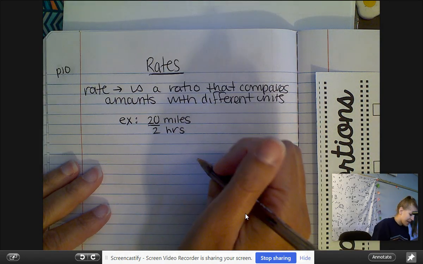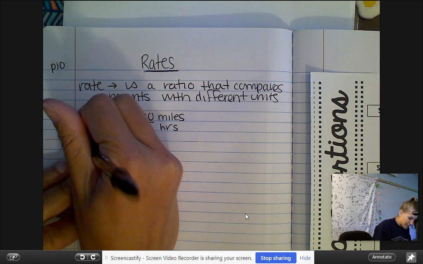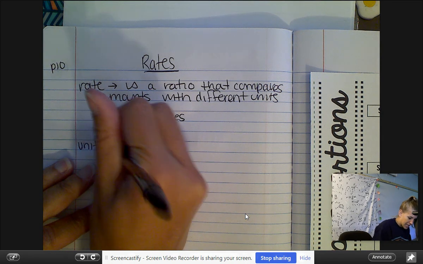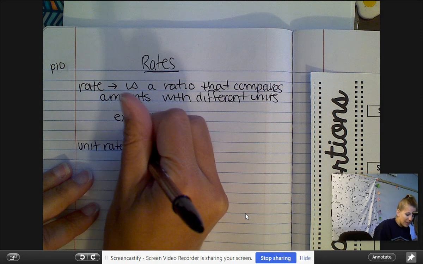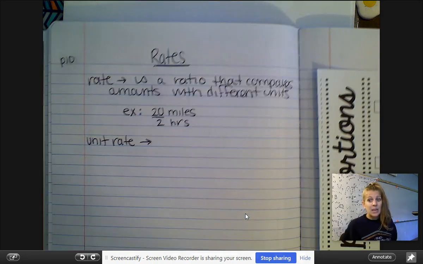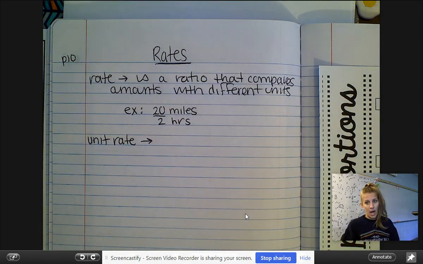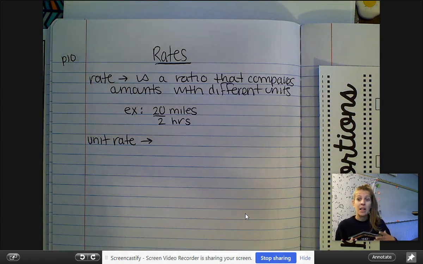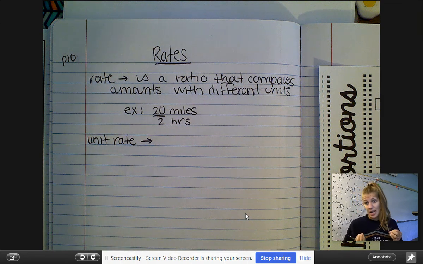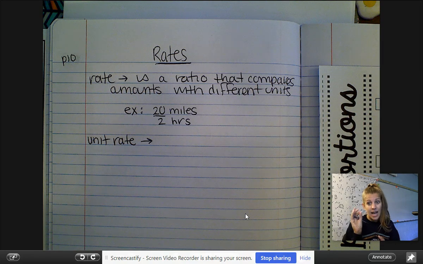So another type of rate that we want to talk about really quickly is a unit rate. And a unit rate is a little bit better than just a rate because it simplifies down to 1. And that can be really good to make comparisons. A really good example of this is unit price. When you're grocery shopping, you can look at the little tags at how much things cost per unit.